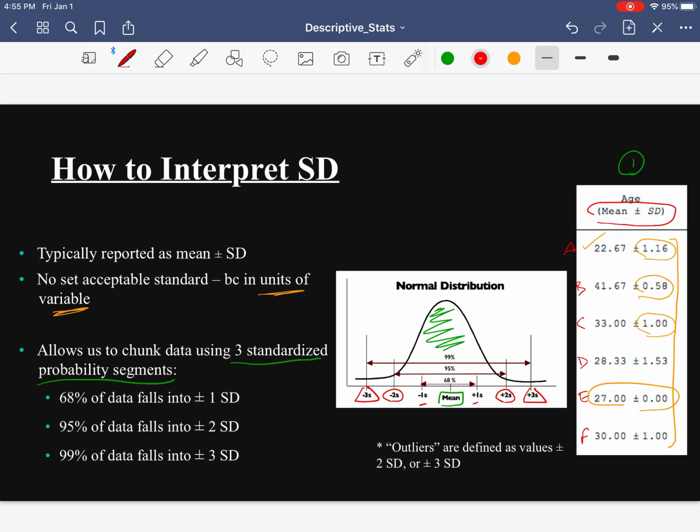The way that we calculate standard deviation, we run probabilities. So behind the scenes, people have run all these probabilities, and from that, they have come up with the formula for standard deviation.